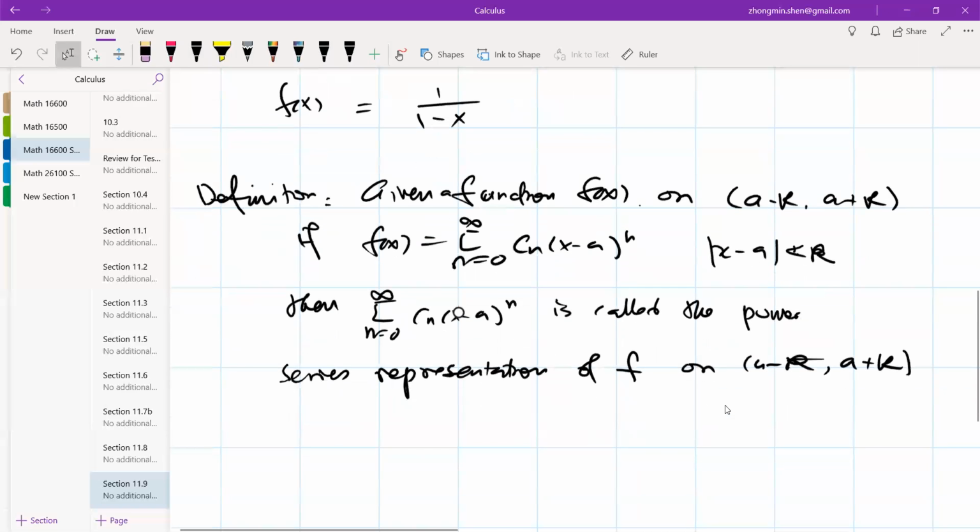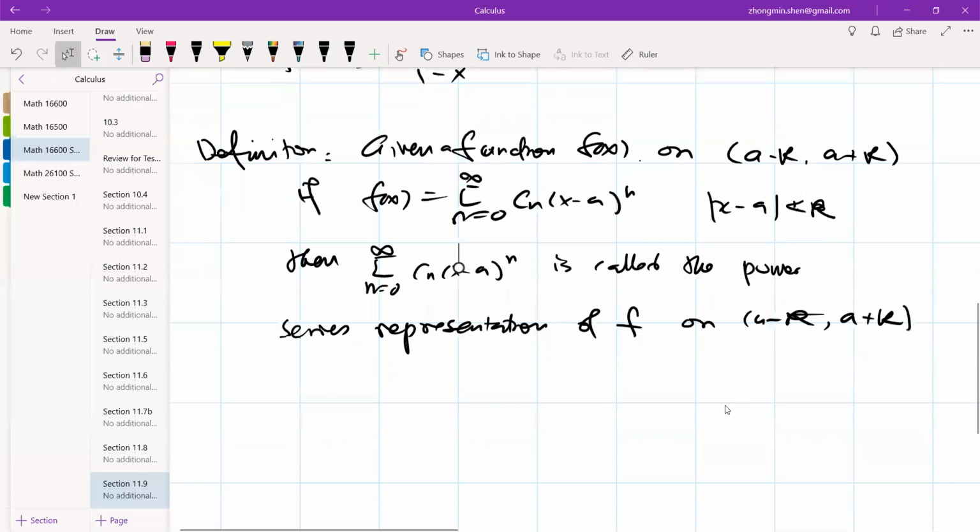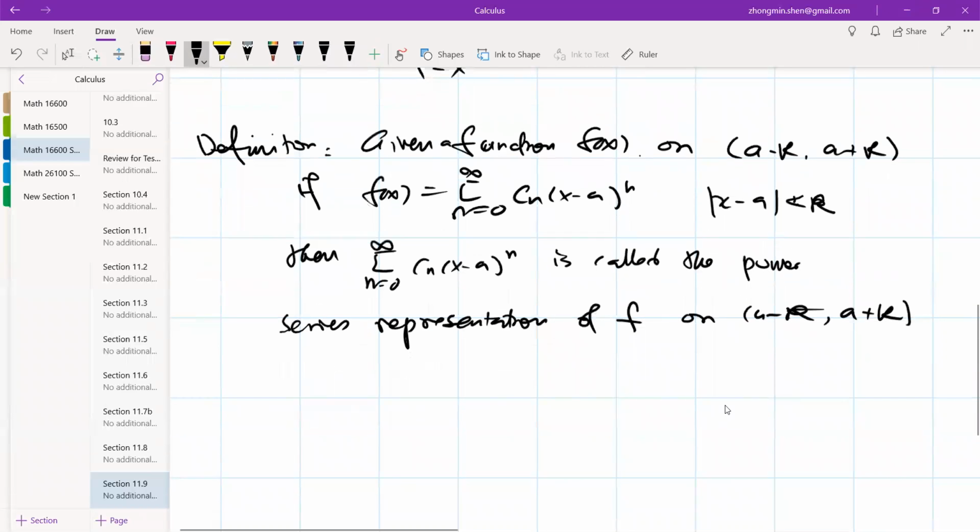So that's the converse: you get your given function and you want to find the power series representation. In other words, the power series representation of 1 over 1 minus x near the origin is going to be the sum of x to the n.